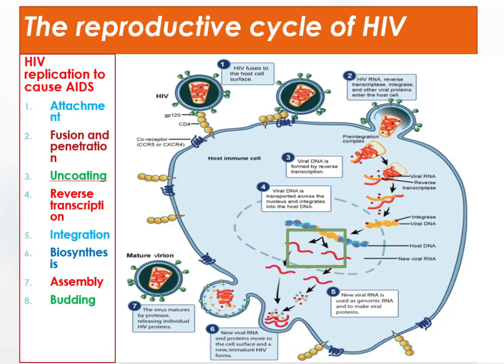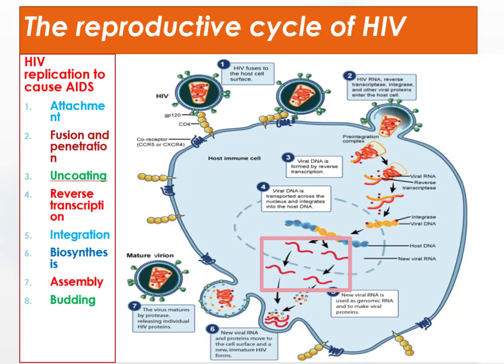When some triggering environmental condition appears, this viral DNA gets transcribed to viral RNA and controls viral protein synthesis in the cytoplasm. That means the integrated viral DNA controls the synthesis of viral RNA, and hence viral RNA controls synthesis of viral proteins.